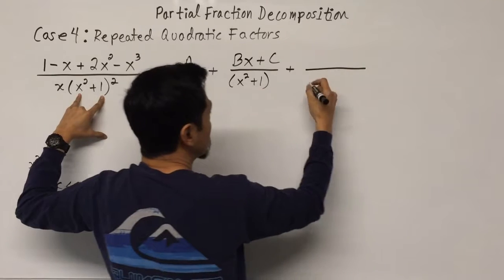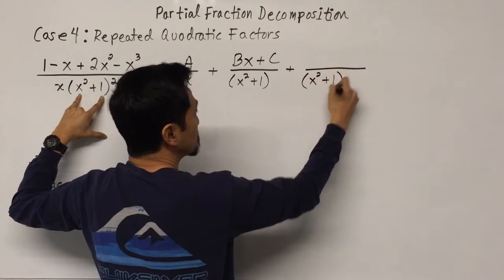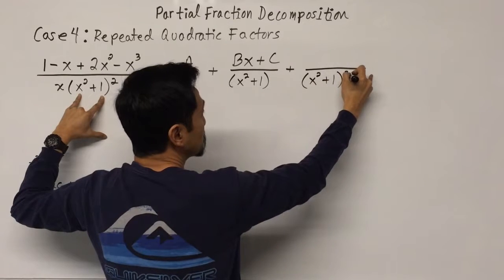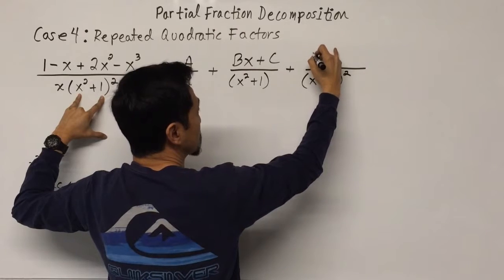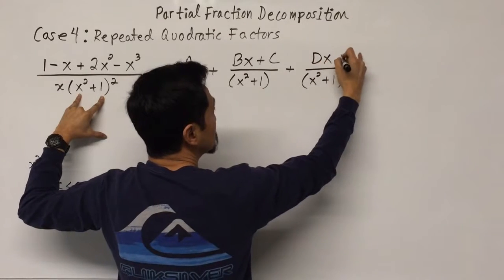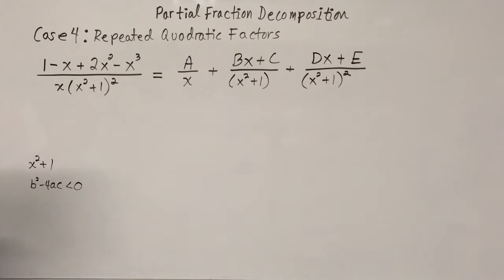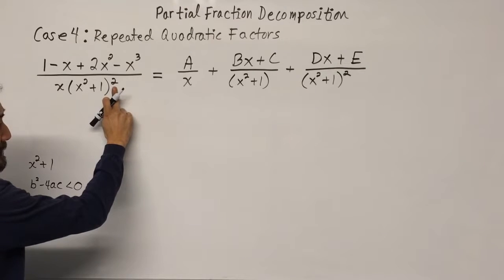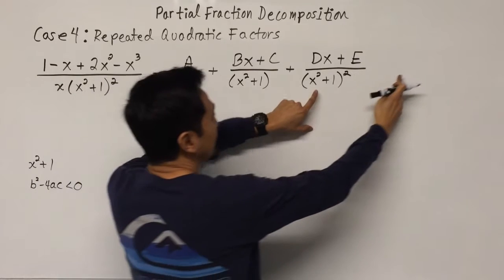And then we're going to increase that power on that denominator by 1. So it goes from a 1 to a 2. Okay? And then again, the numerator is linear. So it's a Dx plus E. Okay, now, if there was a power of 3, we'd be very unhappy, but there'd be a what?